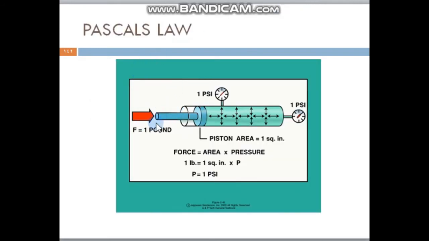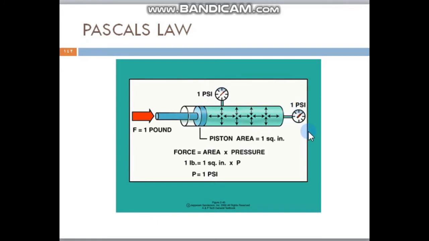So, as we apply pressure to a liquid in a confined container, the liquid will transmit equal pressure to all parts of the container, as we see here in this figure. Here is 1 psi and here at the end of the container is also 1 psi.